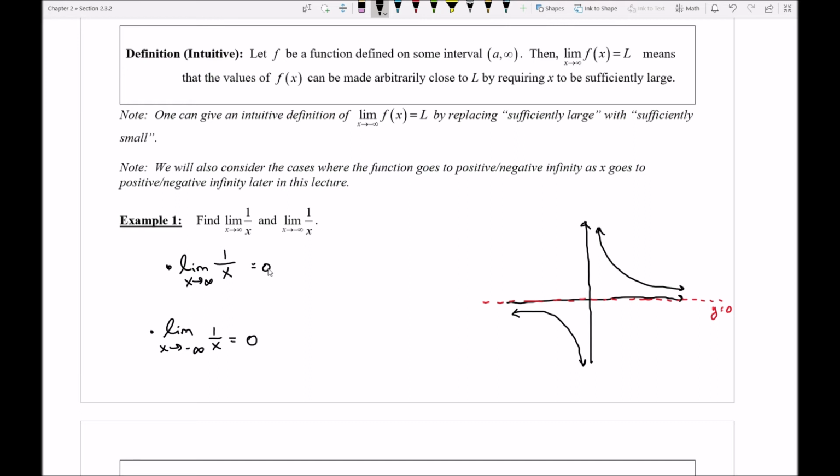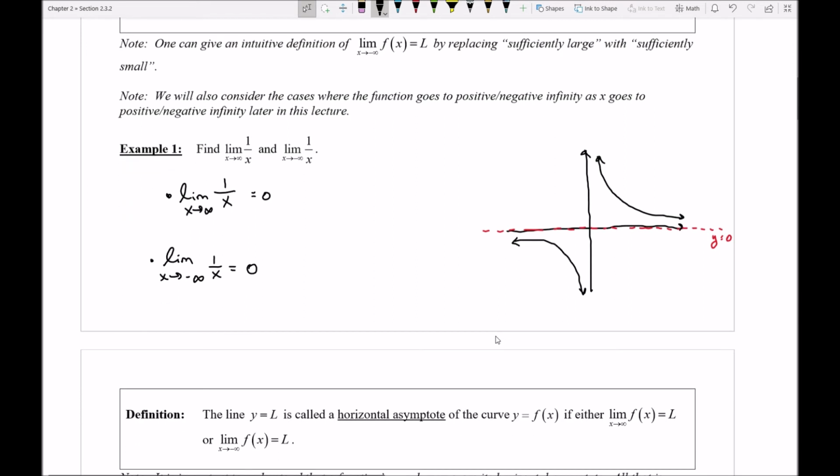It's approaching 0. And I have the same exact behavior even when I'm plugging in negative values that are extremely large, because the only difference, as we can see here in the picture, is that I'm just going to have very small things close to 0 that are negative. So I'll be on the other side of the y equals 0 line.